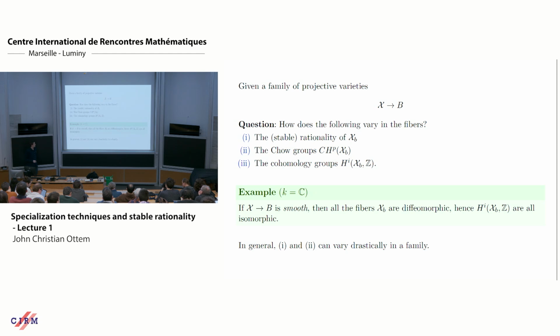But the Chow groups can really change in the family. This is one difference between algebraic geometry and topology. And also the stable rationality moves in the family.